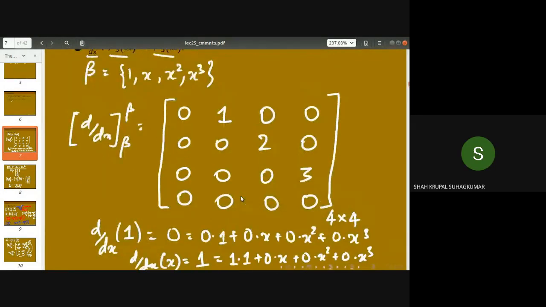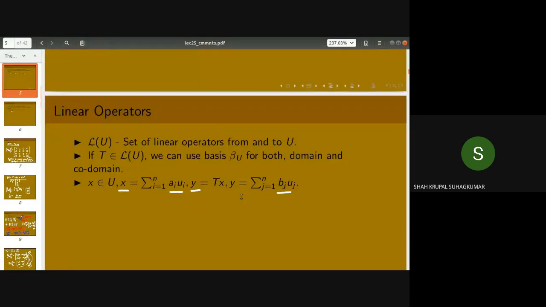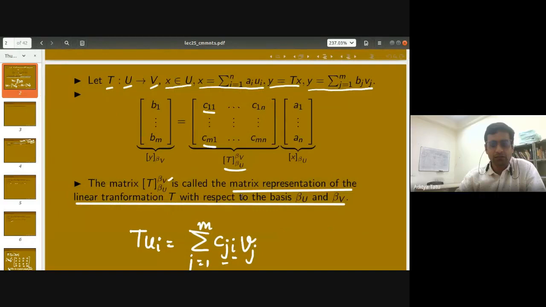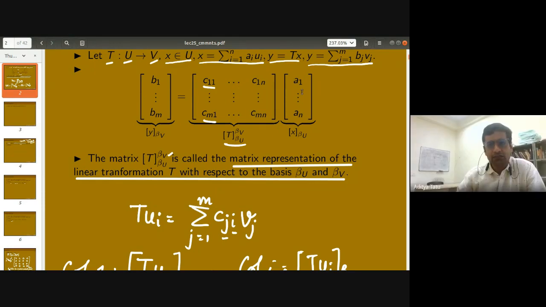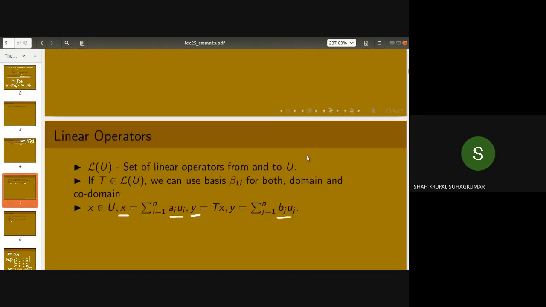Sir, can you just go above, two more slides, number 5 or 6 maybe? This one? Yes. So here our input is AI, this AI column, and C is the transformation matrix, right? So then A1 to AN should be multiplied by the row of this transformation matrix, so C11 A1, C12 A2, and so on and so forth. And in this example which you have done, we are multiplying column by column.